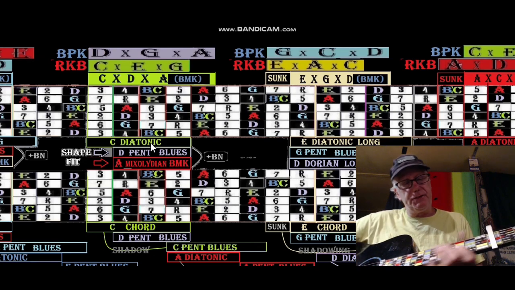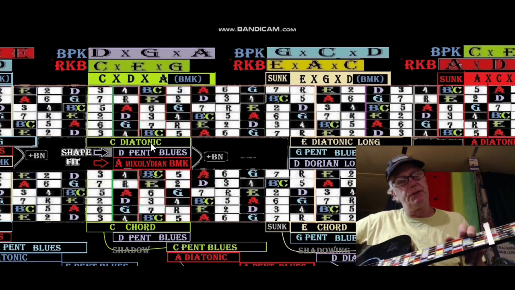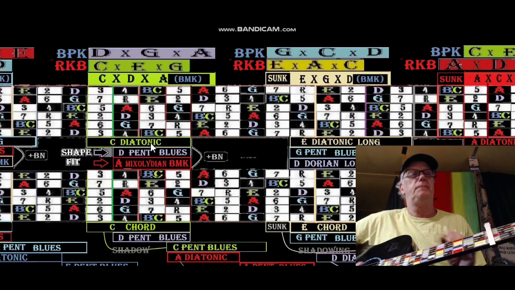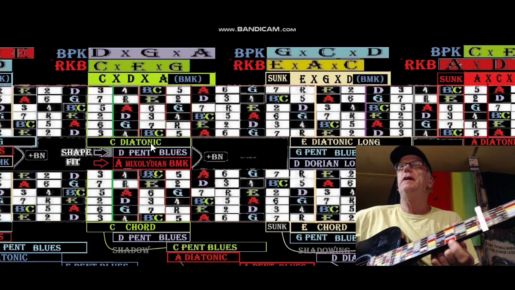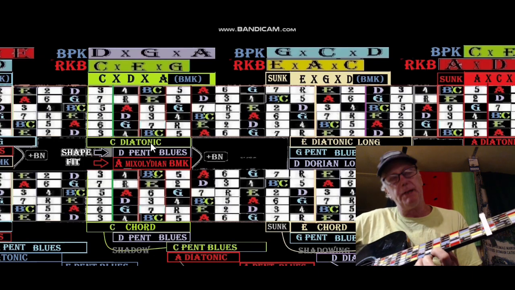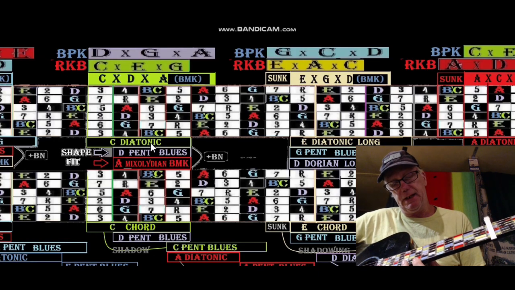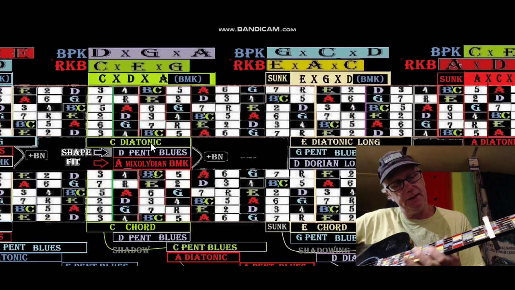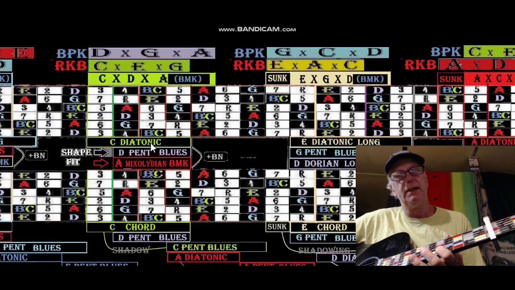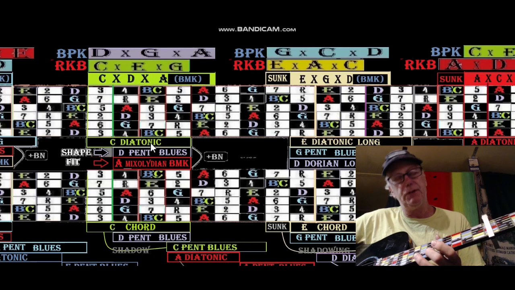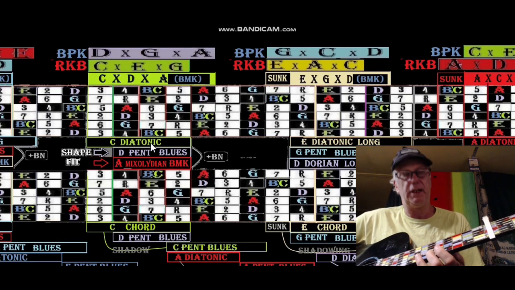But I couldn't tell them apart, so I came up with a color scheme. Okay, so red is G, light blue is A, blue gray is B, yellow is C, light purple is D, and light green is E, and F is white or light gray.